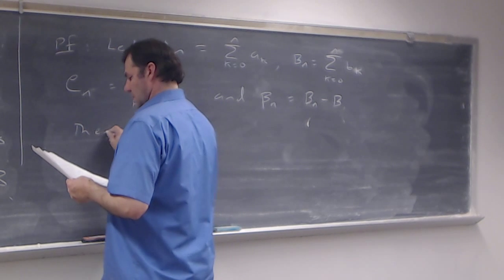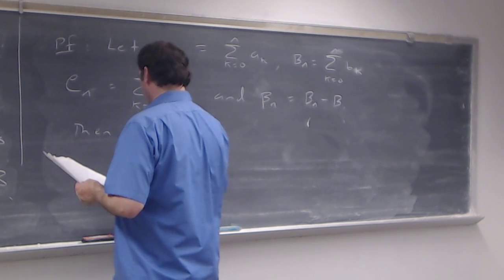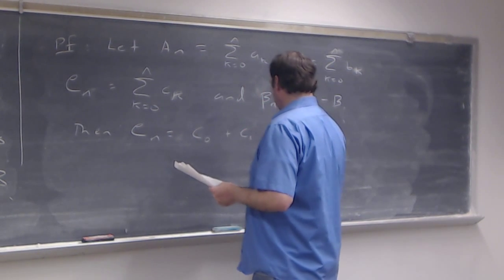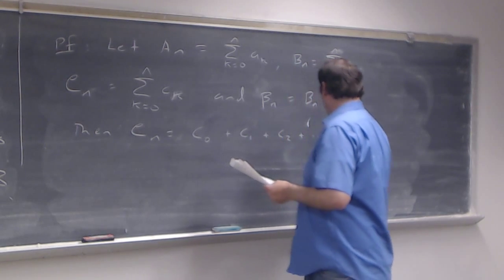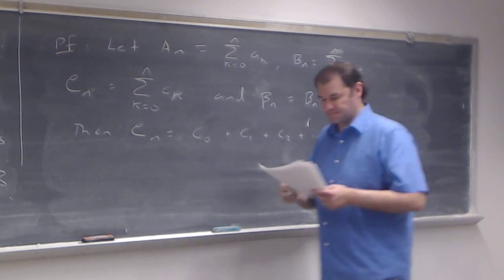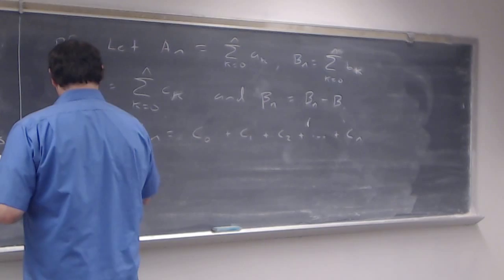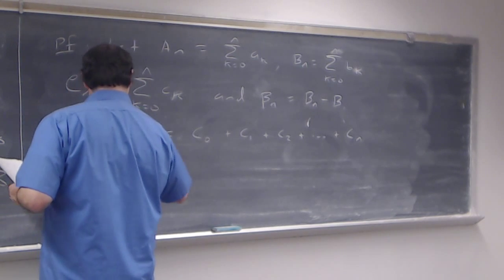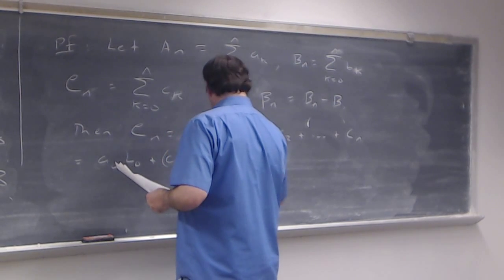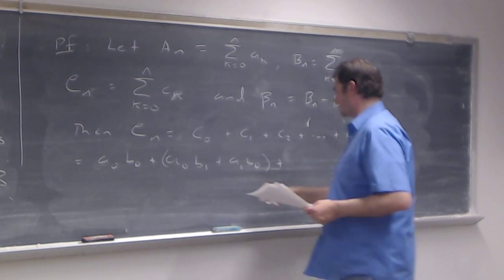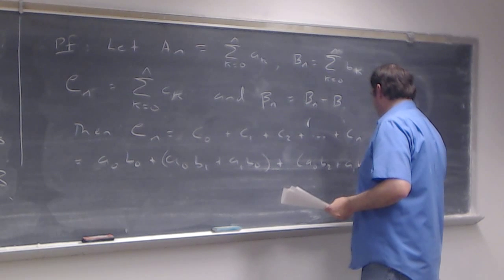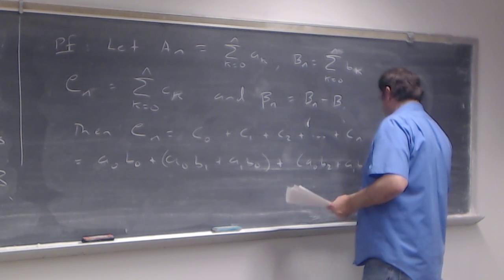That's what we're going to do. Then here's what the script c sub n is going to look like: c sub 0 plus c sub 1 plus c sub 2, all the way up to c sub n. Now, what are these? Well, this can be expanded to a sub 0 b sub 0 plus a sub 0 b sub 1 plus a sub 1 b sub 0, that was c sub 1, plus c sub 2, which is a sub 0 b sub 2 plus a sub 1 b sub 1 plus a sub 2 b sub 0.